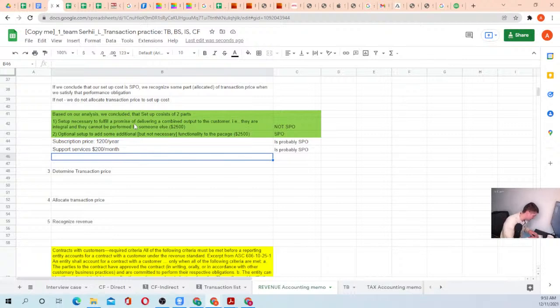And what I wanted to add here is that depending on the circumstances, you might be able to combine support services and subscription into one.